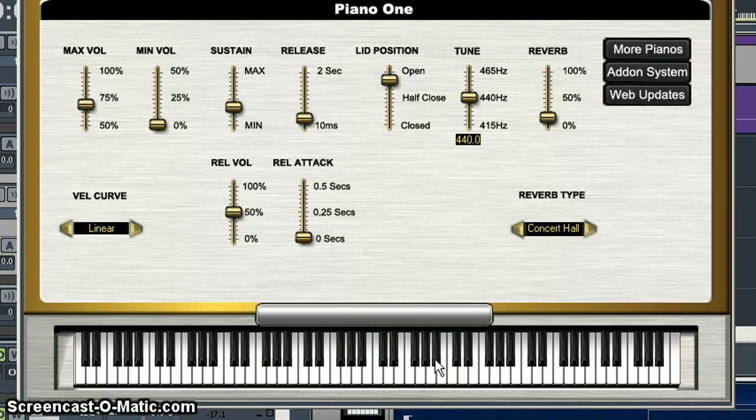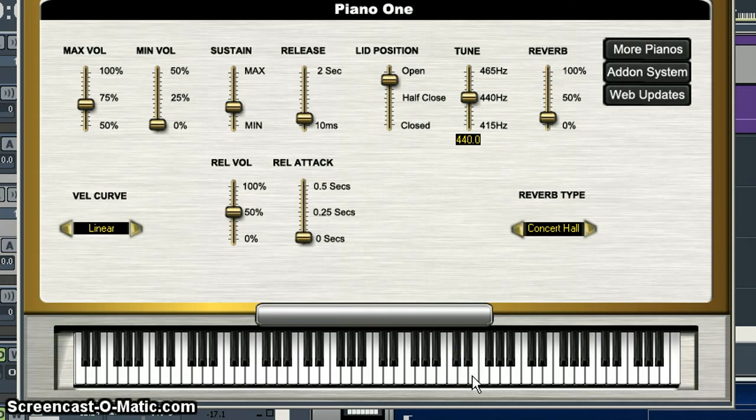This is a flat 2, it's called. 2. This is a flat 3. This is a 3. This is a 4. Listen to it in relationship to that bass. This is a sharp 4.